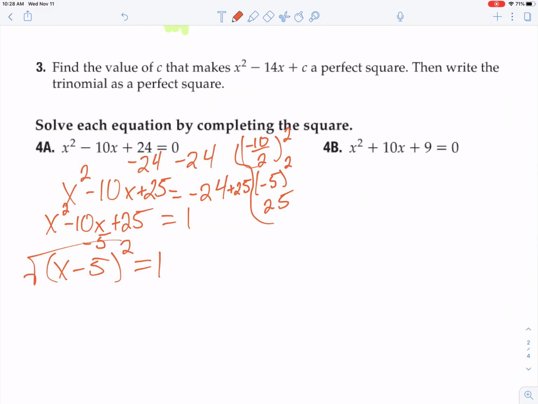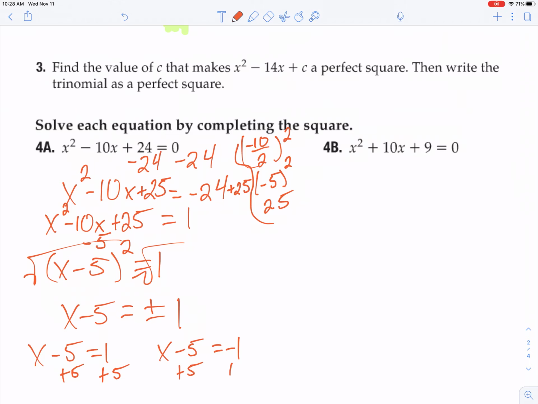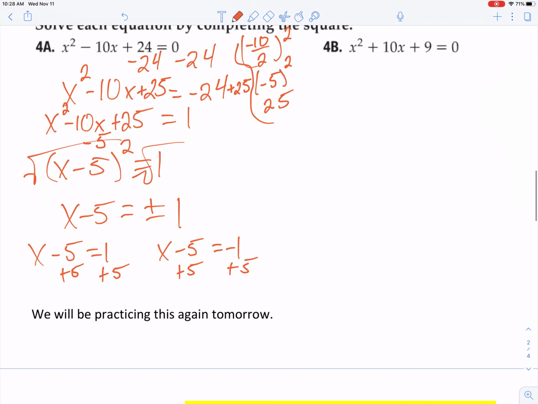Now I can square root both sides. Okay, and we can solve from there. Split it into two equations, one of them with a positive 1, one of them with a negative 1. Whew, that was a whole bunch of plus 5s I just wrote. x equals 6 or x equals 4.